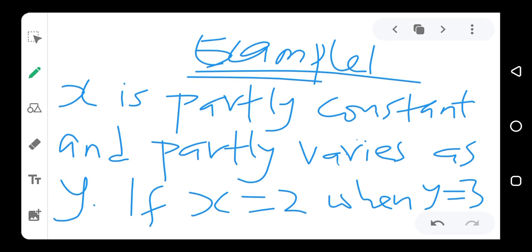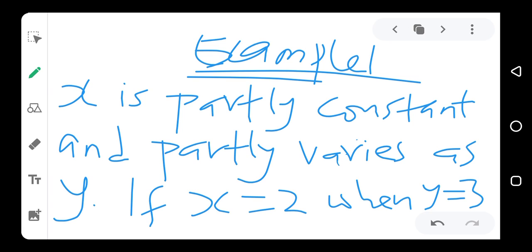It is not stated otherwise. You always take it as a direct variation, or else it is stated otherwise. So here we just see that it partly varies as y. So we take it as a direct variation.